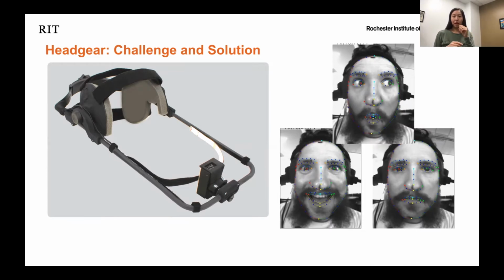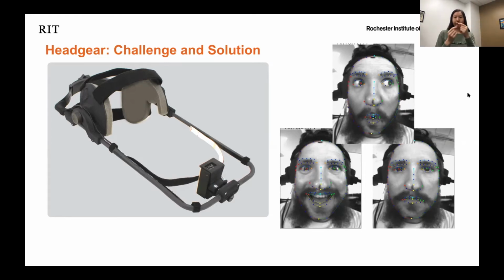All right, hello everyone. So Andrew just mentioned all of the facial expressions and all of the movements we had to deal with. And so right here is a picture of the headgear we used to capture all of the facial expressions and movements within the signer's movements.